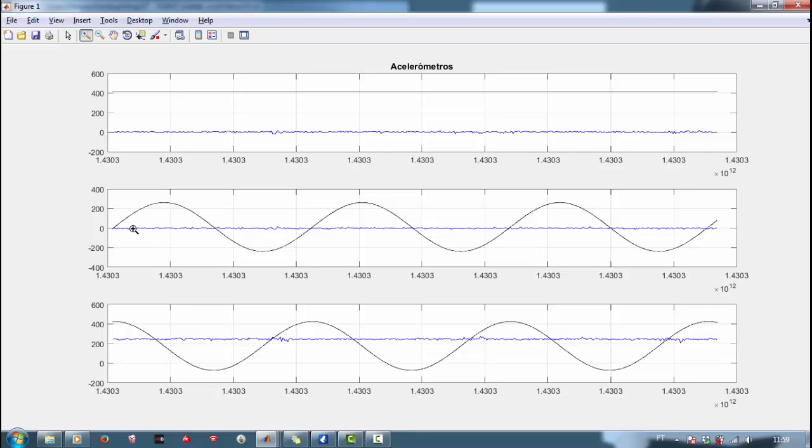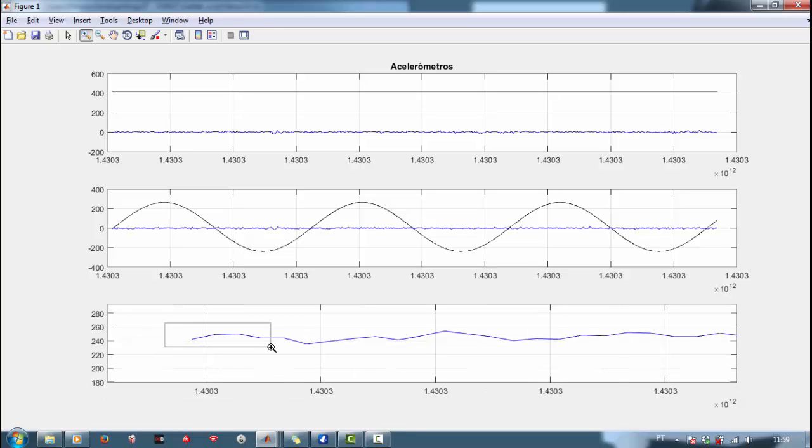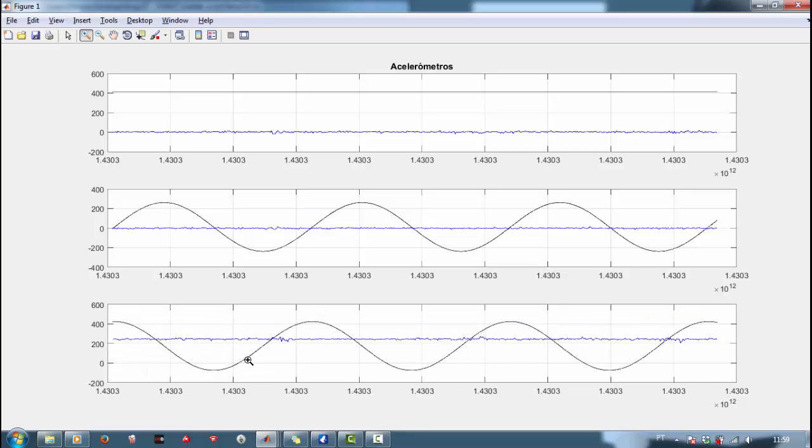Basically the accelerometers measure forces. As we can see, we are sensing a force in the Z-axis of 255, more or less. This force represents the force of gravity.